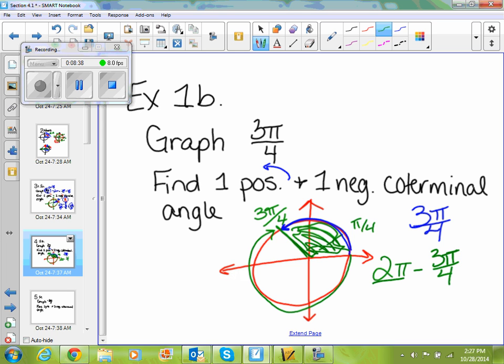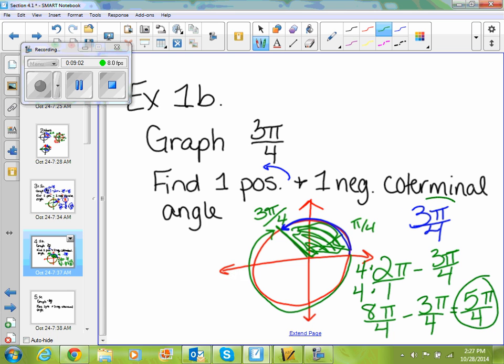This is like 2 pi over 1, so to get common denominators, I multiply everything by 4. So I end up with 8 pi over 4 minus 3 pi over 4, and 8 minus 3 is 5. So my negative angle would be 5 pi over 4.